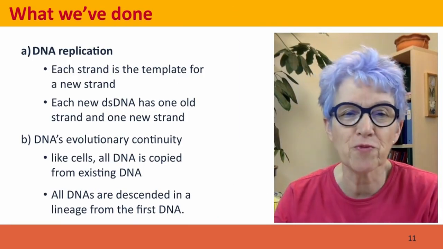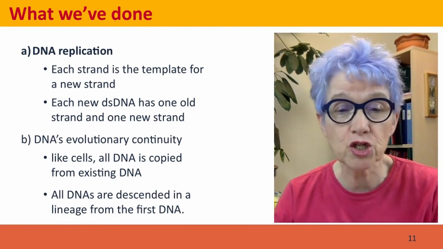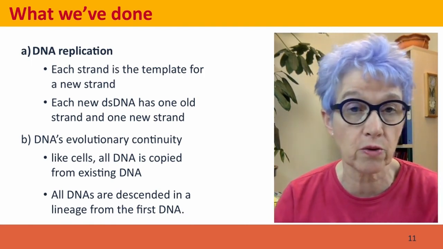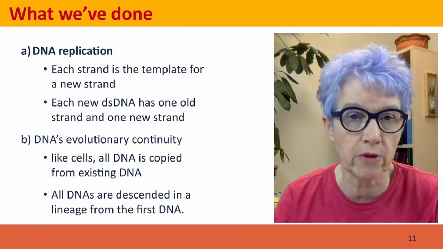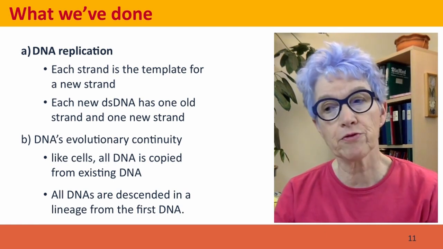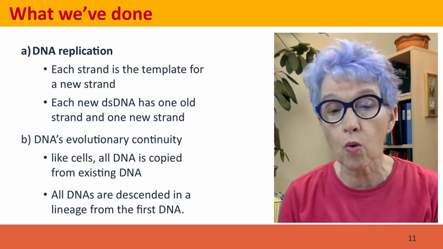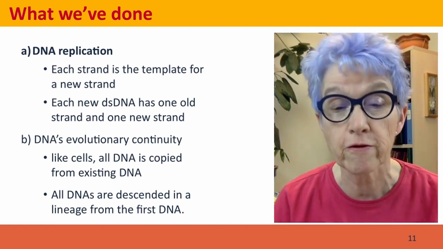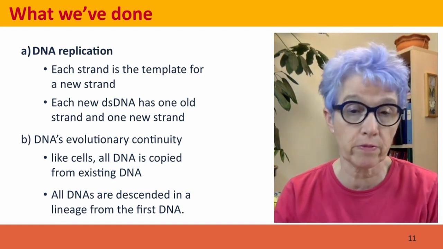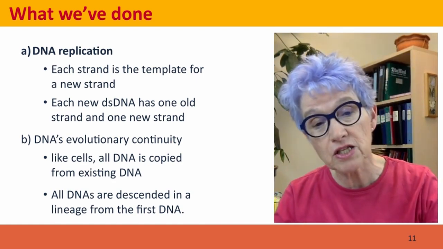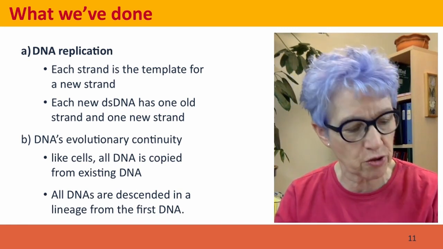So what have we done? We've talked about DNA replication, about how each strand in an existing molecule acts as the template for creating a new strand that's complementary. And the result is that each new double-stranded DNA molecule has one old strand and one new strand physically, but genetically is identical to the parent molecule. DNA thus has evolutionary continuity. DNA isn't created from scratch.